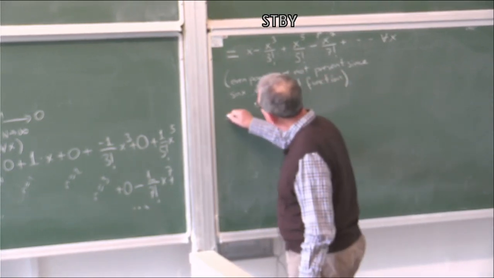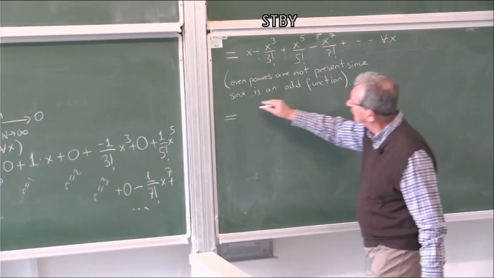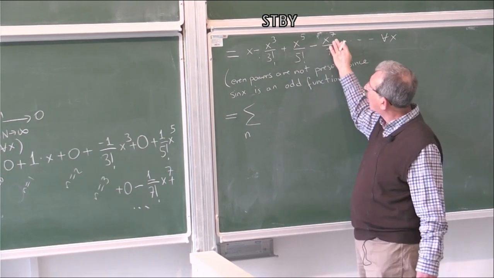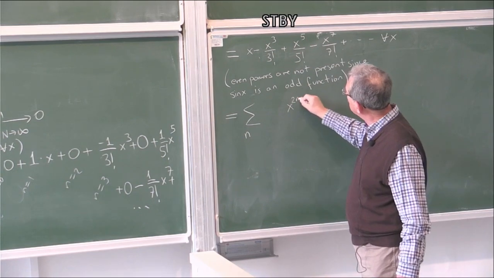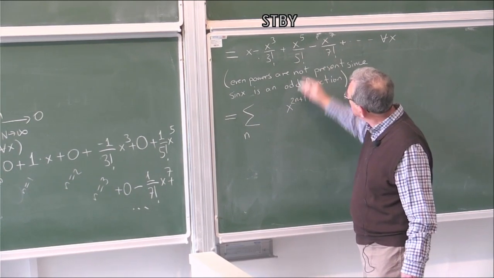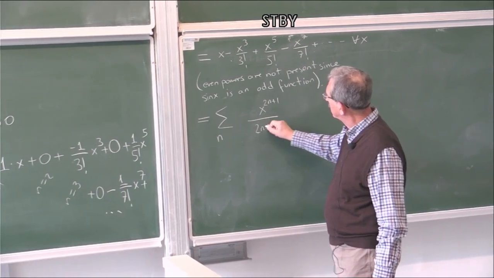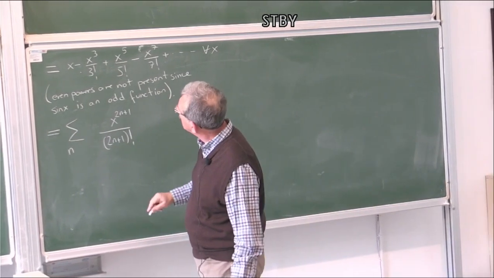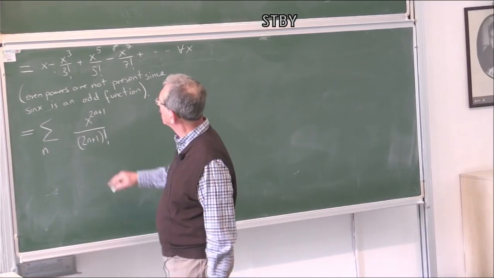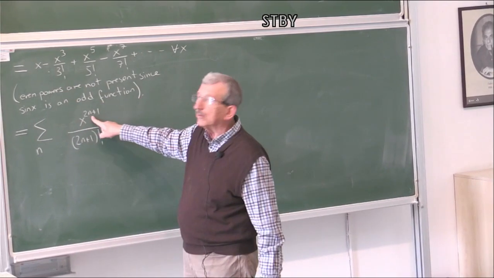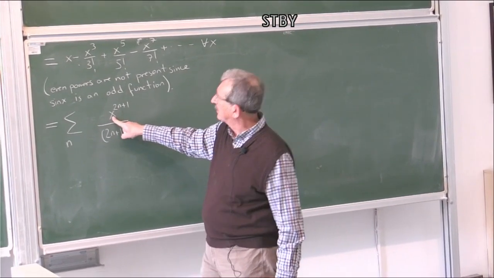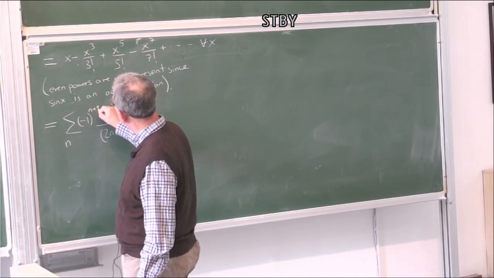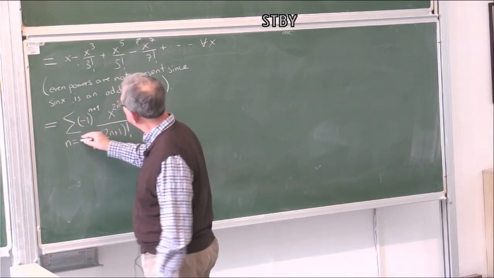Now, one can formulate this directly in closed form. Let us see. First of all, the powers are odd, so we have x to the 2n plus 1. We divide by that factorial. Now, be careful with this sign. The sign is positive 1 when n is 0, that is with x. So it should be not minus 1 to the n, but plus 1 at the start.